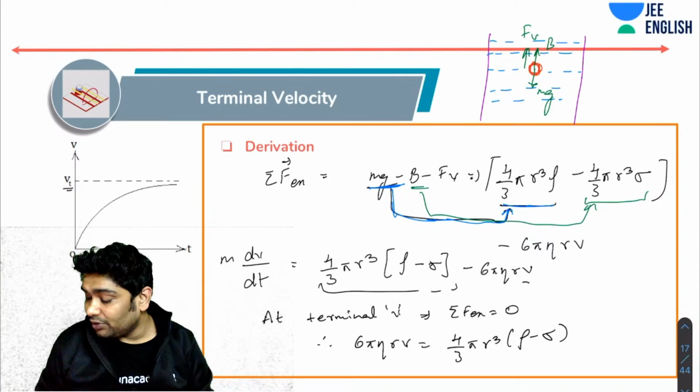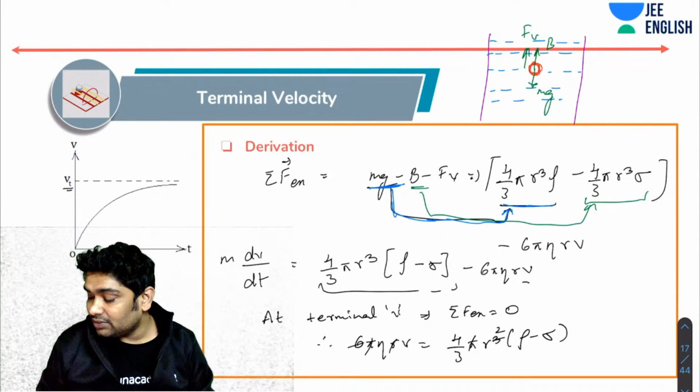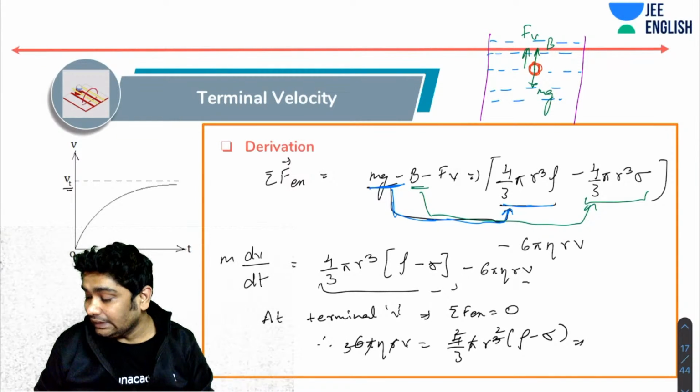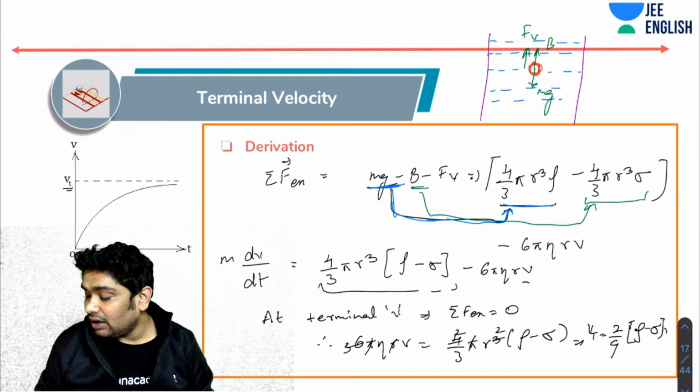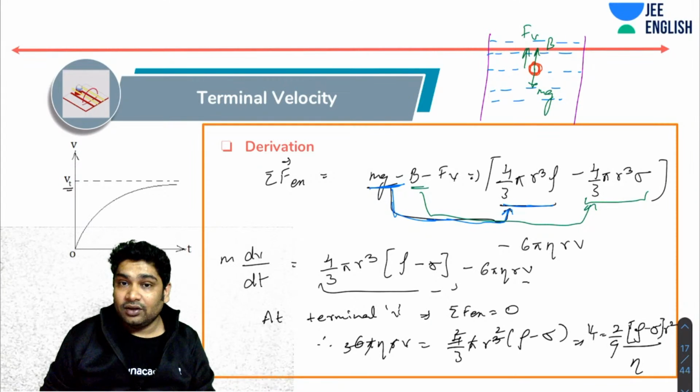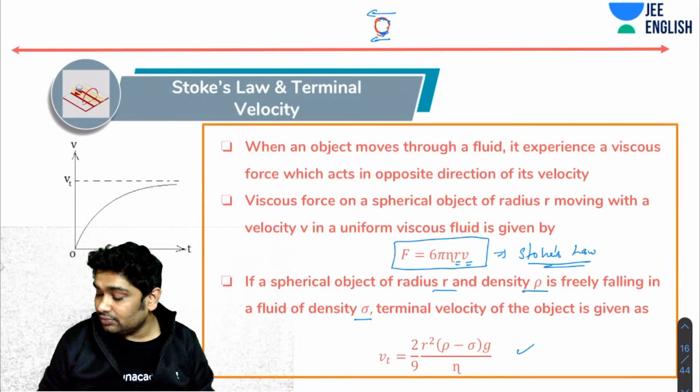Now from here, you can cancel out these pi's, cancel out one r, and this becomes 3, this becomes 2. So what you get is that Vt is 2 by 9 (rho minus sigma) r square over neta, which is the expression mentioned here.